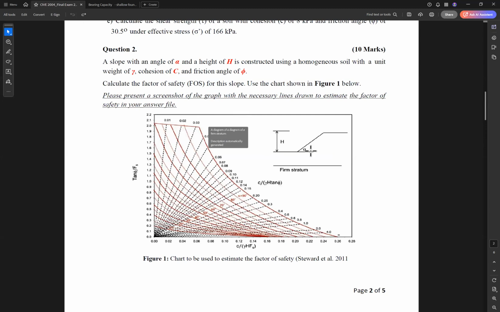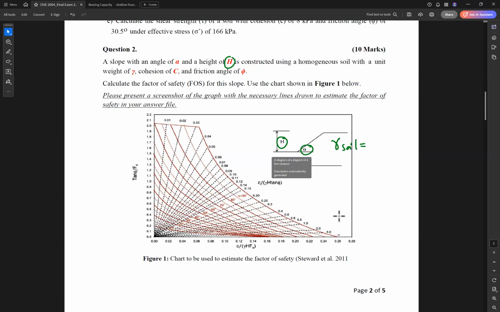We need to know alpha. Alpha is the slope angle, and H is the height of the slope, constructed using homogeneous soil with unit weight of gamma. Gamma is the soil unit weight.